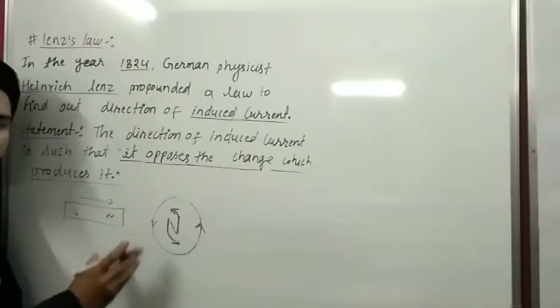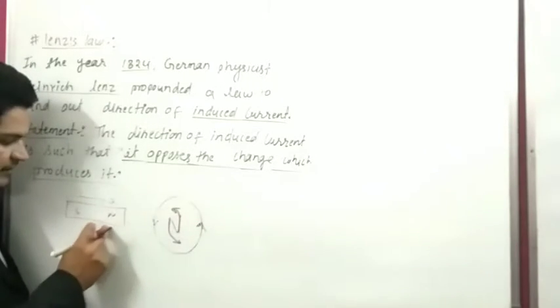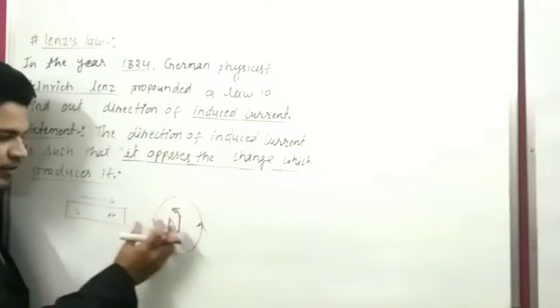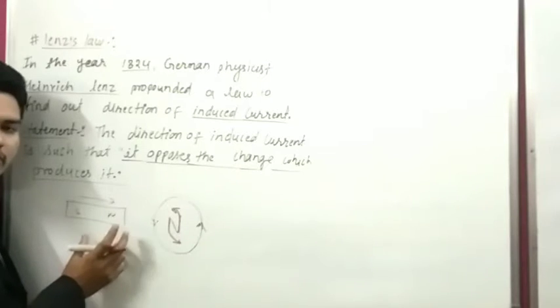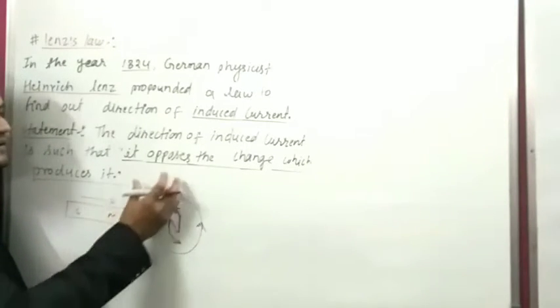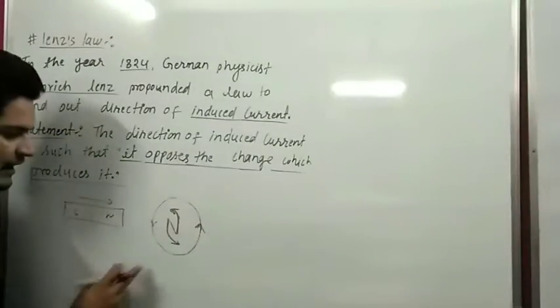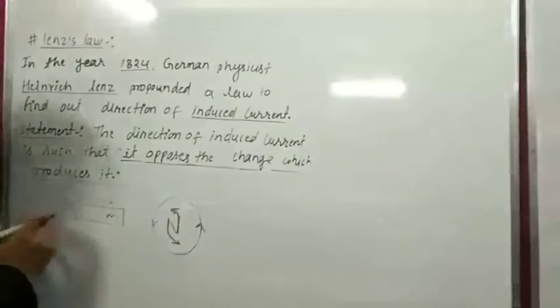So the direction of induced current is like a north pole, and the magnet is also a north pole. So it opposes, both are opposed because same poles repel each other. So it opposes the change which produces it. North pole produces this current, and this current opposes the north pole.